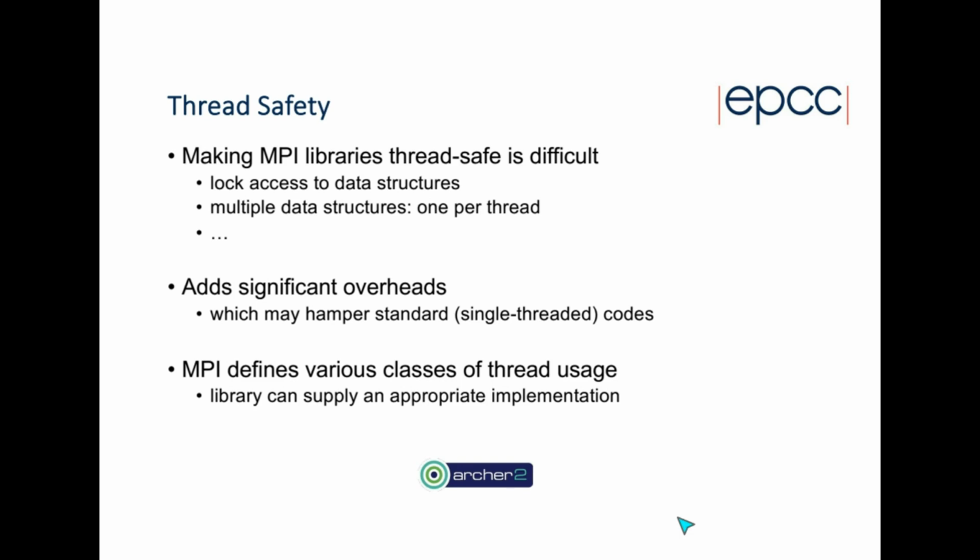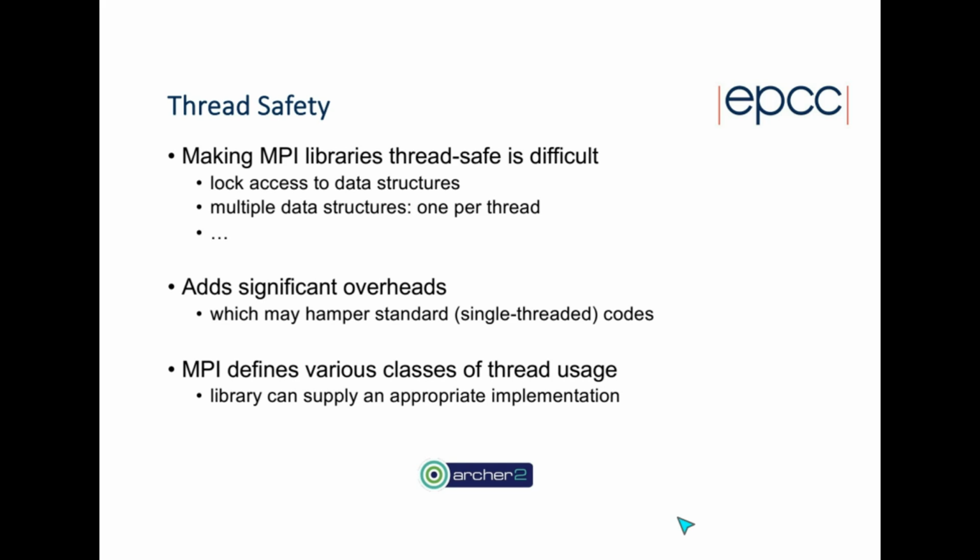You either have to lock access to internal data structures inside the MPI library, or replicate them and have a separate data structure per thread. This adds significant overheads which you wouldn't want if you don't need it.